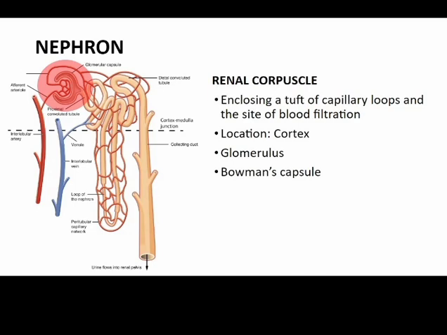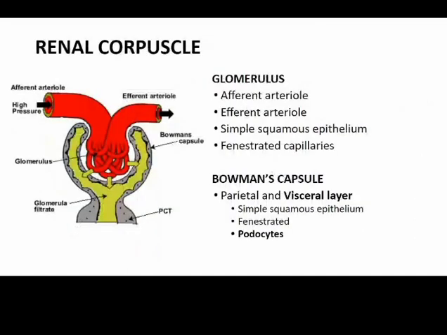So the location is in the cortex. It also contains the glomerulus and the Bowman's capsule. The glomerulus contains the afferent and efferent arteriole, and it is lined with a simple squamous epithelium and has the fenestrated capillaries.